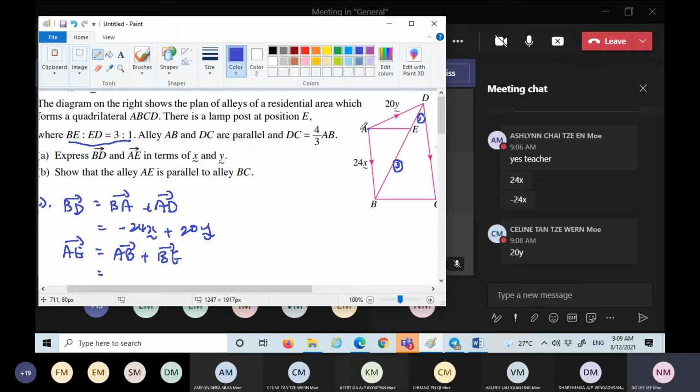So AB is here, positive 24x. Now I have a problem with BE. BE is a portion of BD, and the BD I already got in the first part of question A. So how do I write BE as a portion of BD?